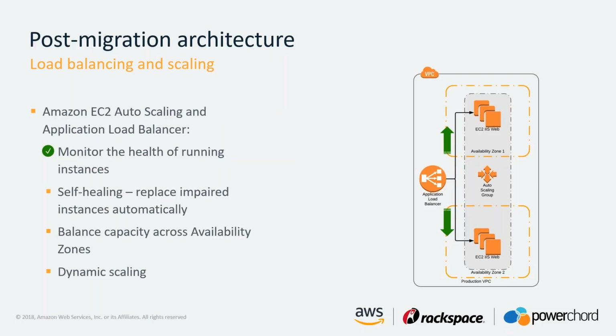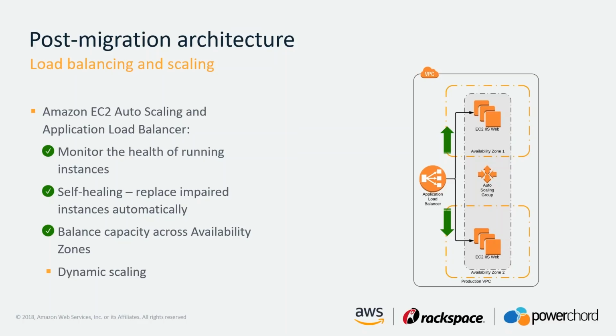The application load balancer is able to monitor the health of the instances in this auto scaling group. When it detects an issue, it can remove instances that have failed, for example, failed a health check, and then replace them, all automatically.